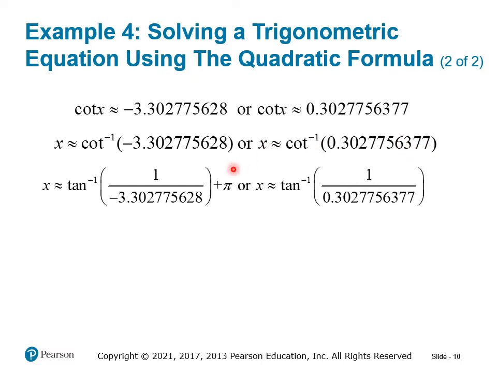Now you may notice that in this first problem, we have plus pi here. Why do we have plus pi? This has to do with the fact that we're using the inverse tangent to solve what is an inverse cotangent problem. Remember, the range of arc cotangent is quadrant 1 and quadrant 2, and cotangent is negative in quadrant 2.